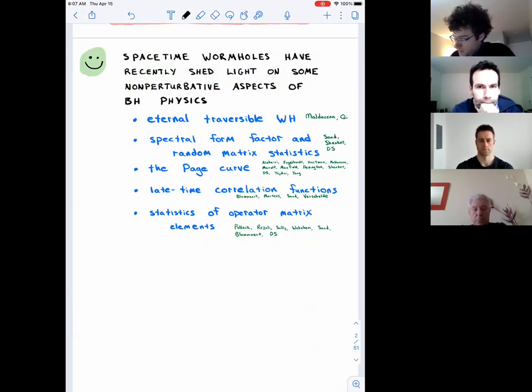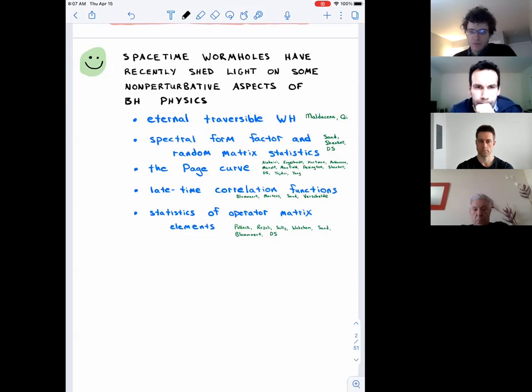That includes this list of topics here: the eternal traversable wormhole, showing that black holes have random matrix statistics, deriving the Page curve for the entropy of Hawking radiation of an evaporating black hole, and studying the late time behavior of correlation functions and statistics of operator matrix elements. A lot of non-perturbative, fine-grained quantum physics about black holes has been exposed or explained by including these space-time wormholes in the gravitational path integral.